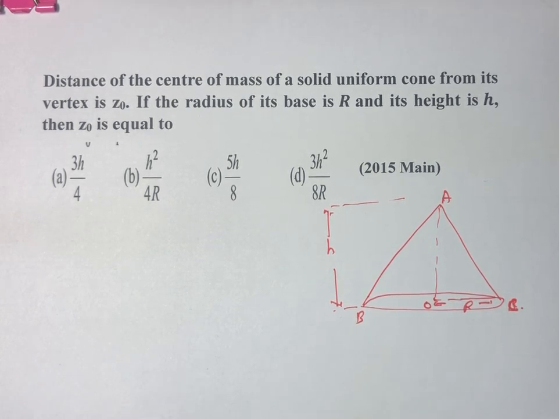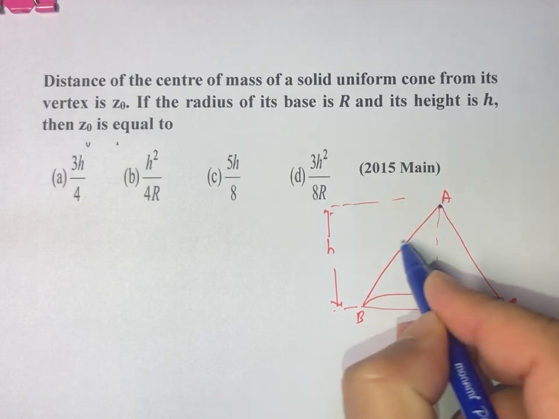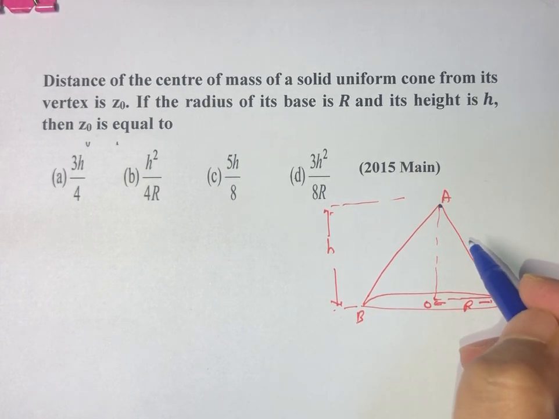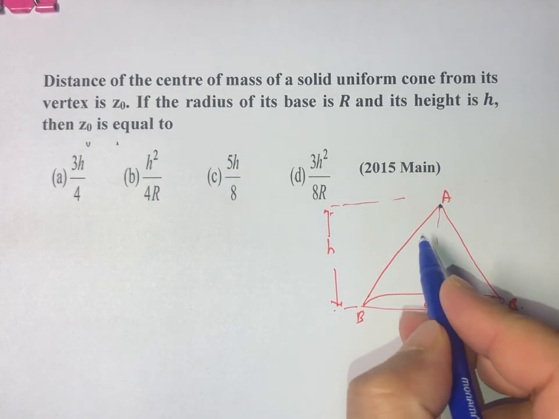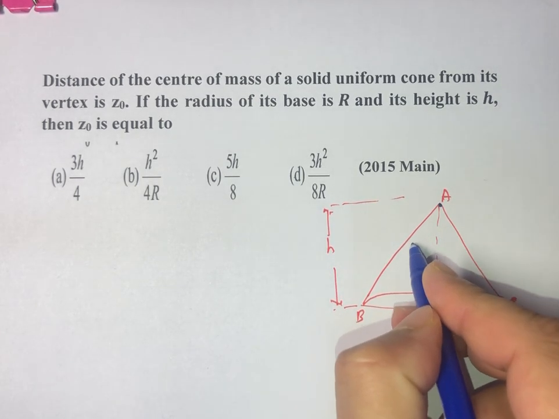So we are supposed to find out the center of mass of the solid from the vertex, at a distance z0 from the vertex. So this is the vertex. So we have to find out the center of mass. In this case, let us consider a disk.